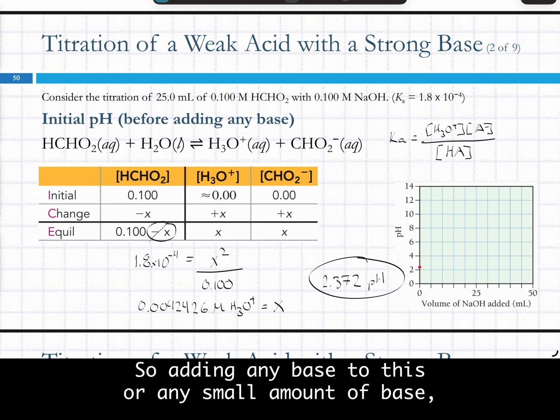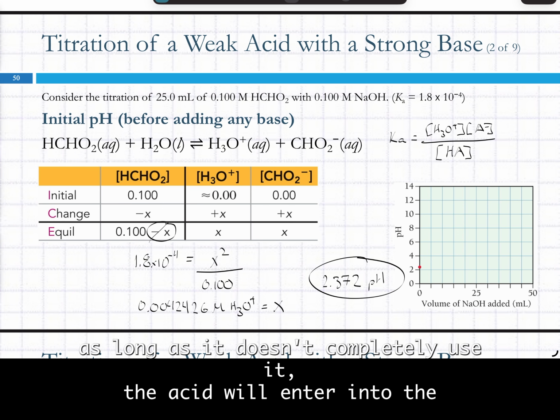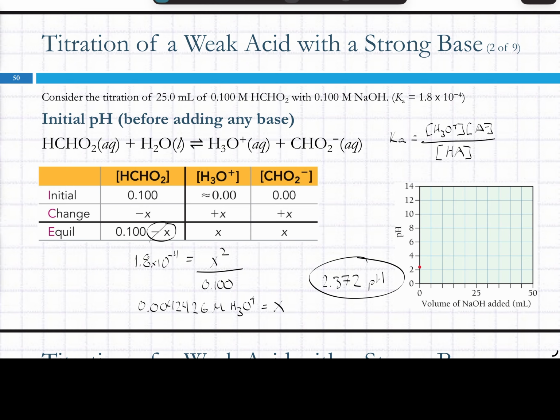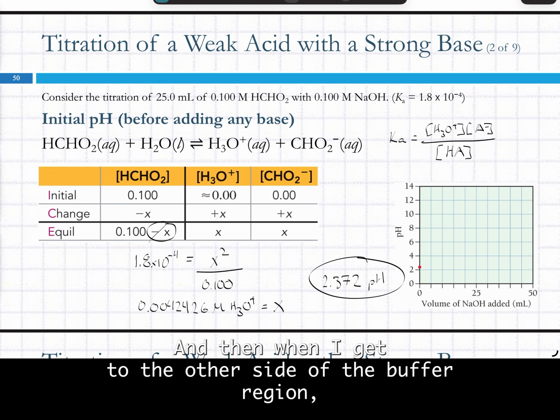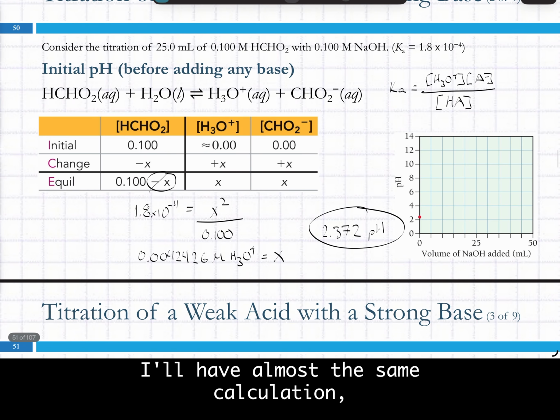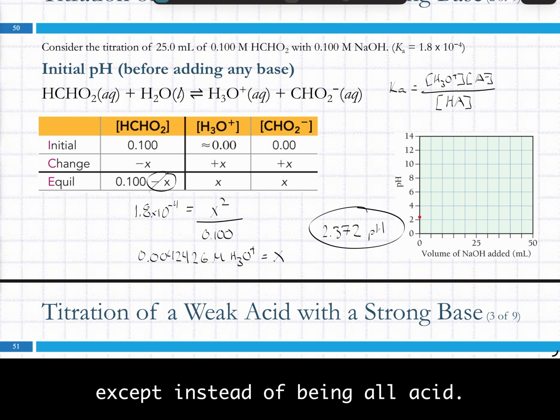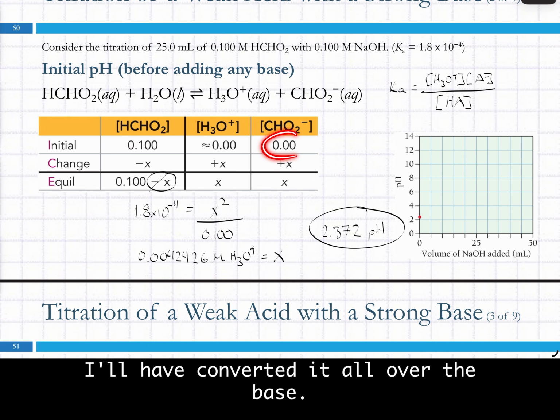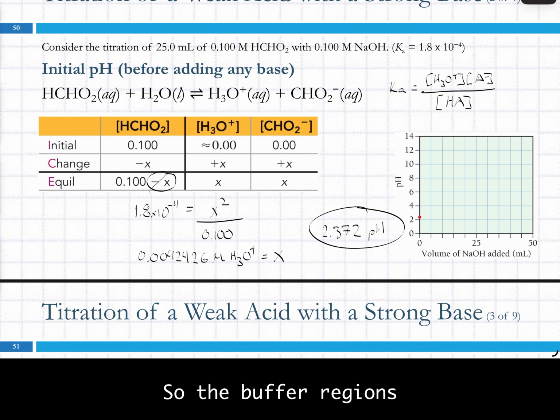So adding any small amount of base, as long as it doesn't completely use up the acid, will enter into the buffer region. And then when I get to the other side of the buffer region, I'll have almost the same calculation, except instead of being all acid, I'll have converted it all over to base. So the buffer region's bookended by this calculation, essentially.